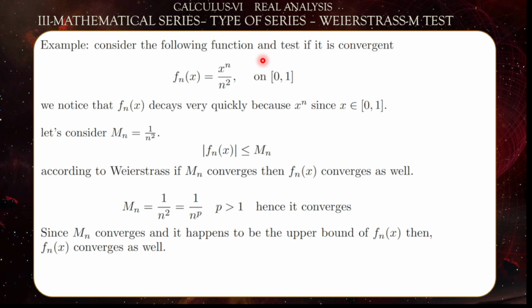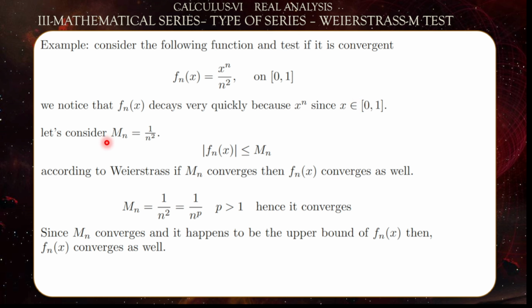Example: consider the following function and test if it is convergent. fnx is equal to x to the power of n divided by n squared on the interval 0, 1. We notice that fnx decays very quickly because x is between 0 and 1, so anything less than 1 decays very quickly to 0 when raised to the power of n.